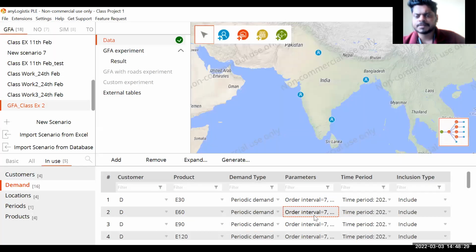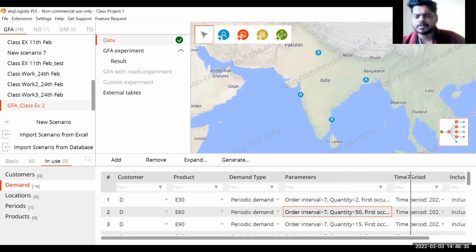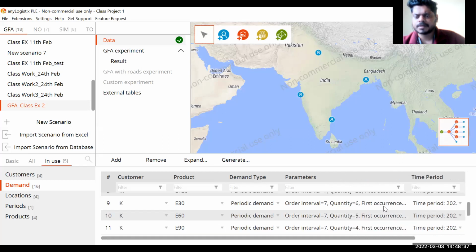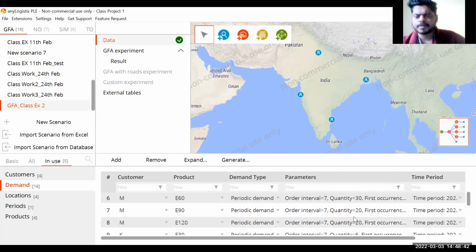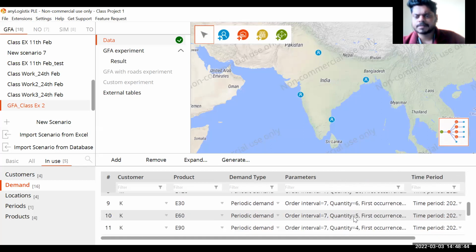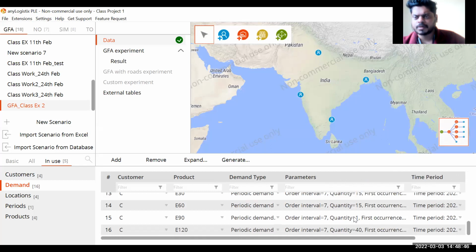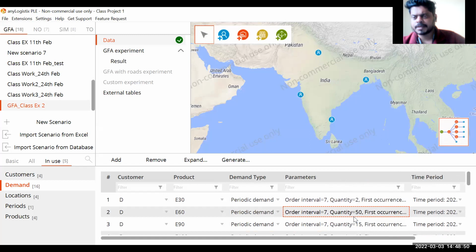For E60 it was 50, right? I hope I have not made any mistake, but these were the numbers: 250, 15, 10, 7. These were the numbers which I had given in the Word document, right? So just check whether you have taken those numbers correctly.